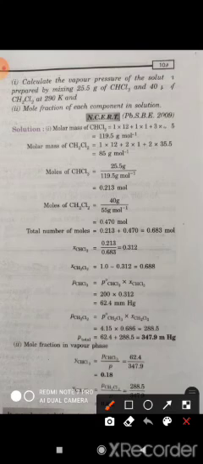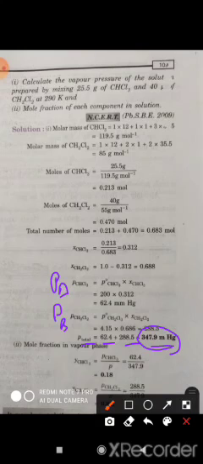The total pressure will be P total is equal to Pa plus Pb. So this is Pa, this is Pb. When you make the sum of these, we'll get the total pressure value.